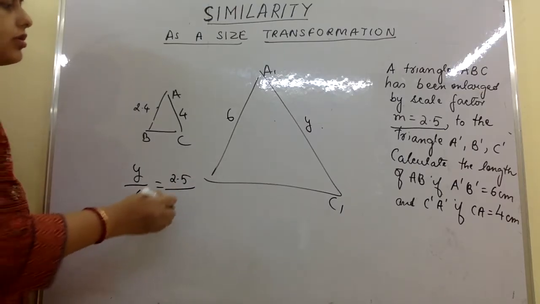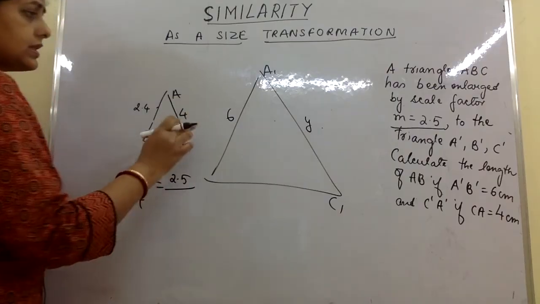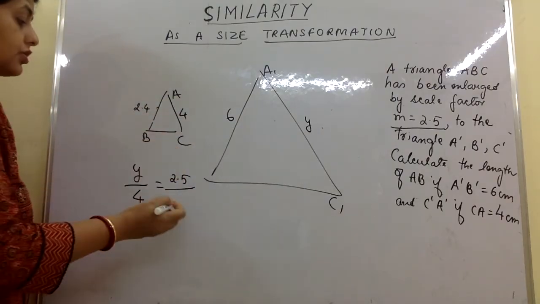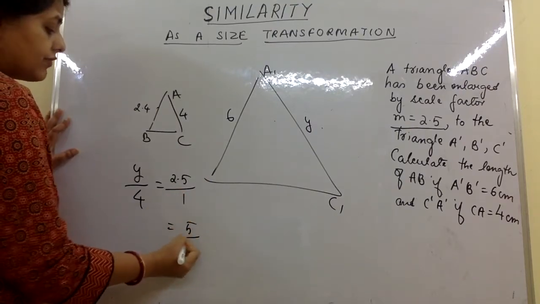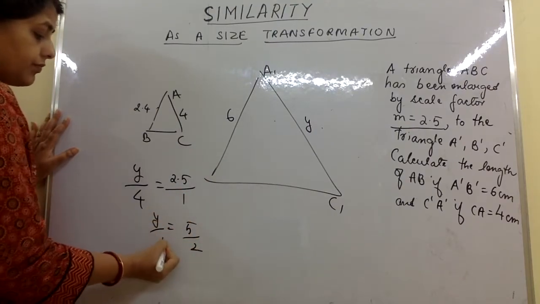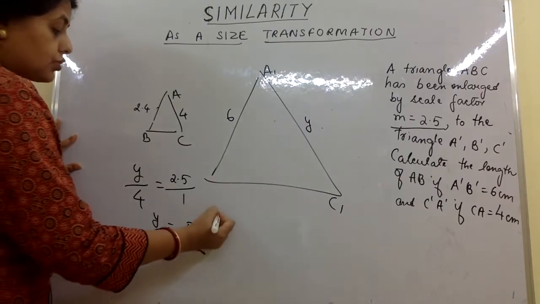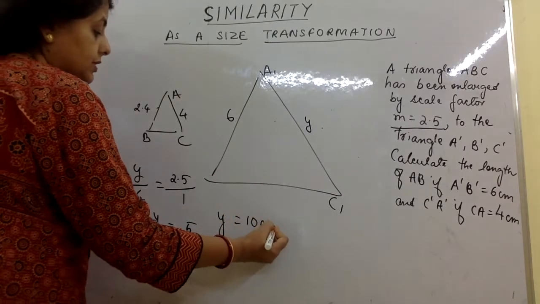Means the ratio between this to this is 2.5 to 1, or you can even say it is 5:2. 5 by 2 also makes it very easy. Now here 2. So y is equal to 10 centimeter.